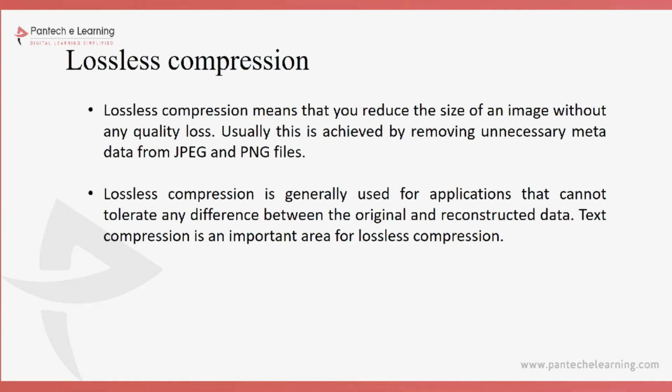For example, from 100 KB to 50 KB, it has to be reduced, but there should not be any loss in its quality. And what is that quality? It may be 240 pixels, 720 pixels, or 1080 pixels. If you are converting a 1080 pixel image from 800 to 500 KB, that image should still be 1080 pixels. It should not reduce to 240 pixels.